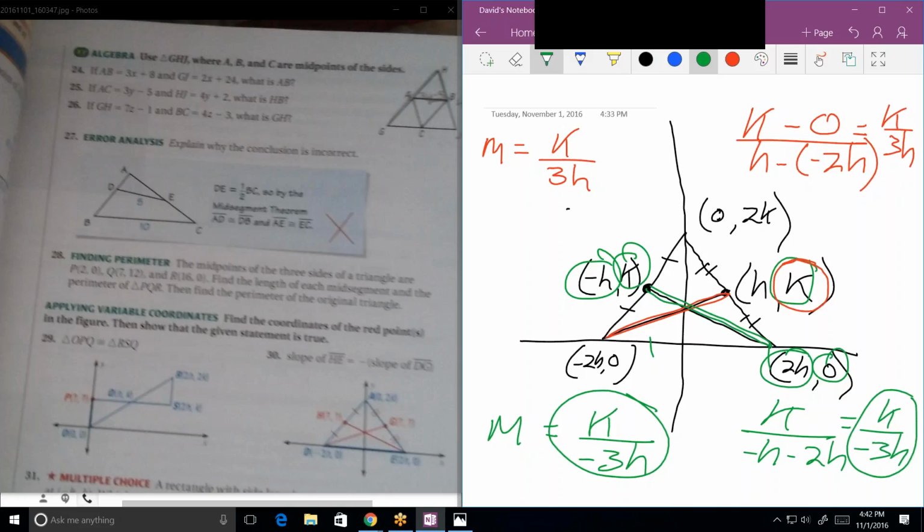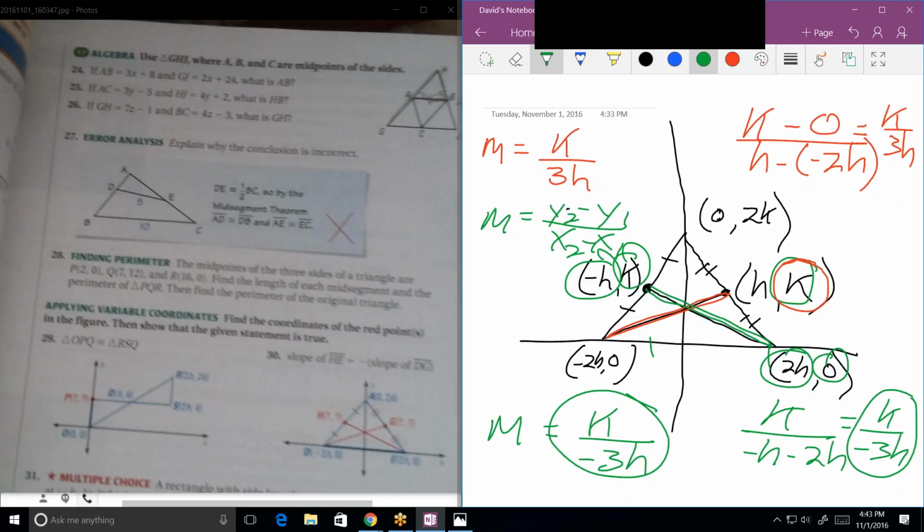In other words, without saying k minus 0. In other words, it gets us off our pattern, or our methodology. The methodology is m is equal to y sub 2 minus y sub 1 over x sub 2 minus x sub 1, or you can switch the top and the bottom.